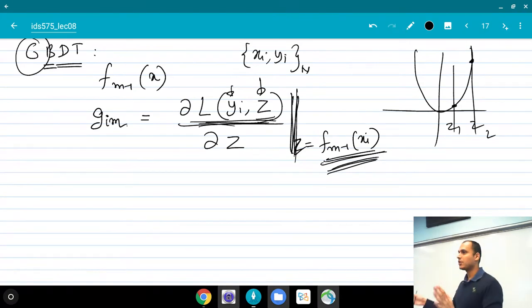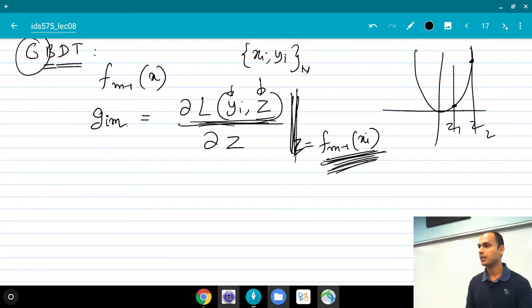All I'm saying is, given the previous m-1 models, for the ith observation, I can take the gradient of the loss with respect to the second argument, evaluated at the previous m-1 model's value. That evaluates to some number. You do this for all the observations, and you will get g_{im}, which is a scalar for every observation.